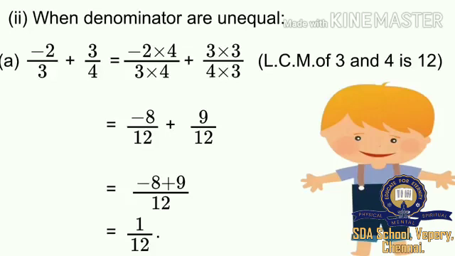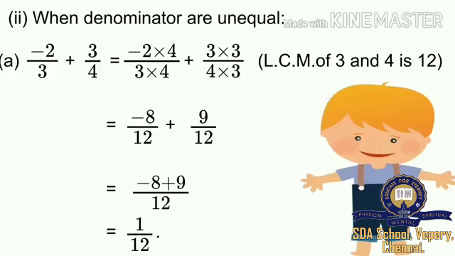How will you get 12 in the denominator? If we multiply 3 into 4 we get 12, right? So we multiply 4 in numerator and denominator: minus 2 into 4 divided by 3 into 4. In the same way, 4 into 3 is 12, so we multiply 3 in numerator and denominator: 3 into 3 divided by 4 into 3.